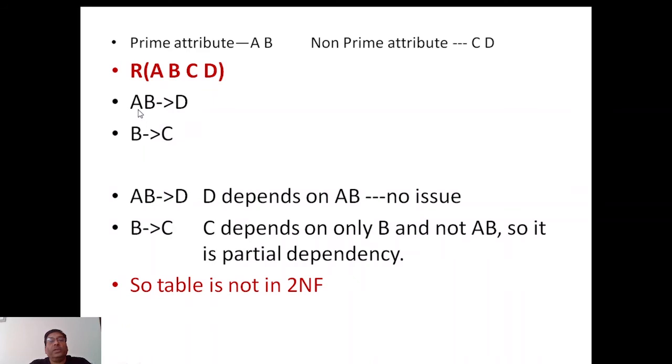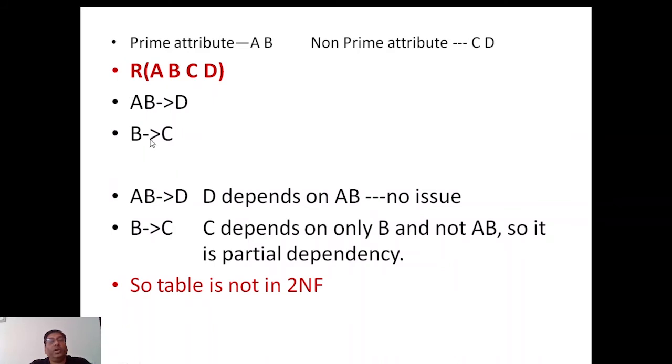There exists a functional dependency from AB to D. That means D is dependent on AB, where AB is a candidate key. What we want is that every other attribute of our relation depends only on the candidate key and not on a part of the candidate key. In this case, D depends on AB, where AB is a candidate key.